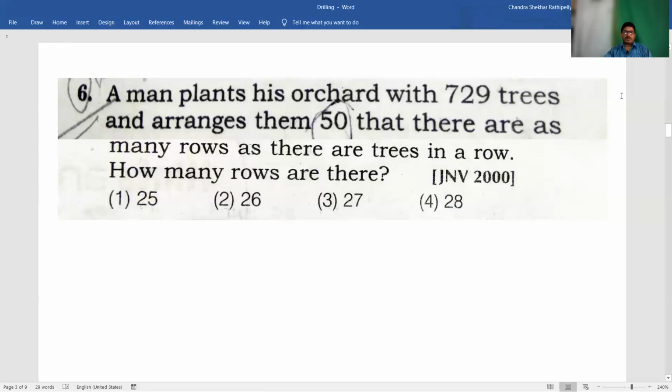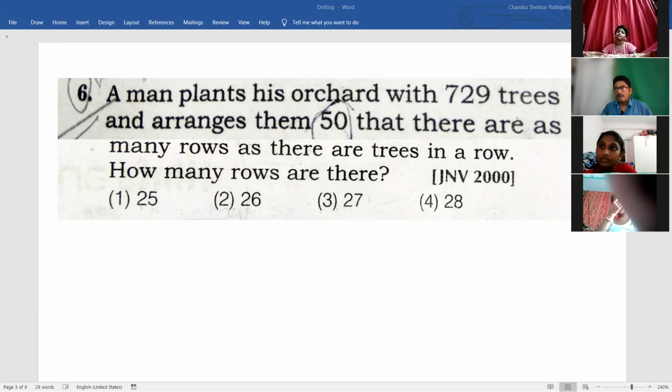Next, a man plants his orchard with the 729. What's your doubt, ma?